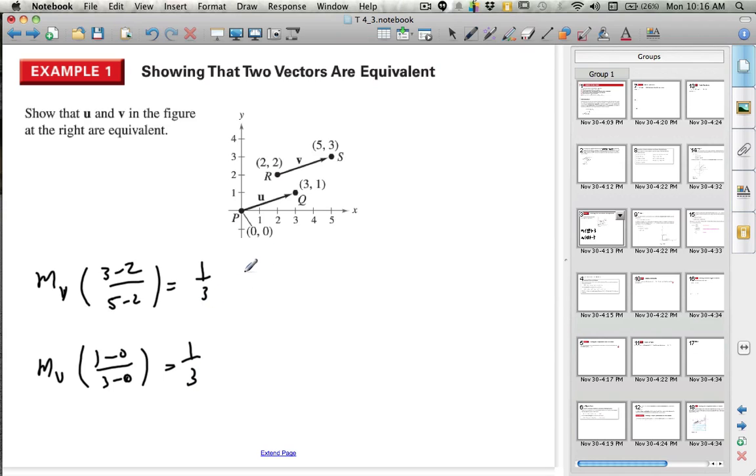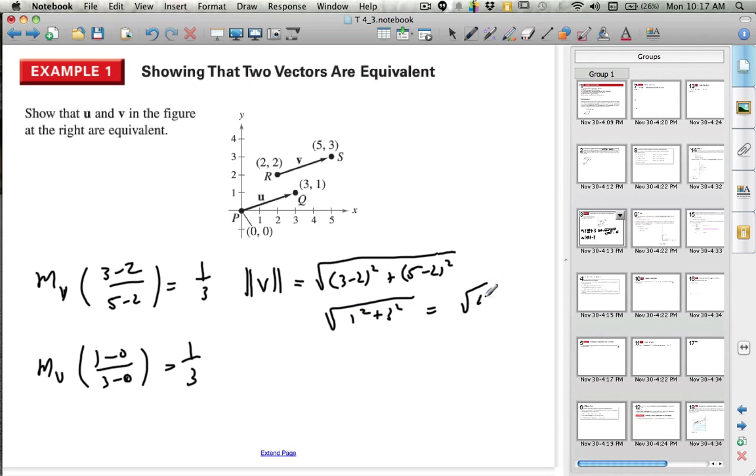Now let's check their magnitude. So we denote magnitude by something that looks a lot like an absolute value, but the lines are doubled. Okay, so the magnitude of v can be found using the distance formula. So we're really just finding the lengths. These are things you already know how to do. It's going to be 3 minus 2 squared plus 5 minus 2 squared, which is going to be the square root of 1 squared plus 3 squared, which is root 10.